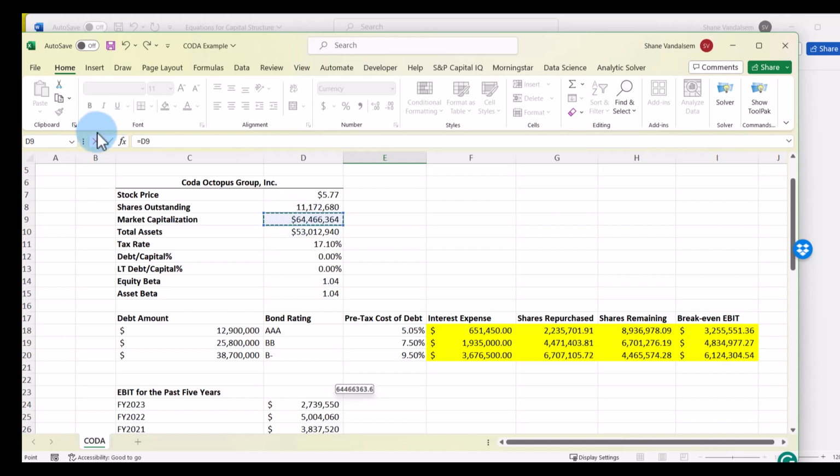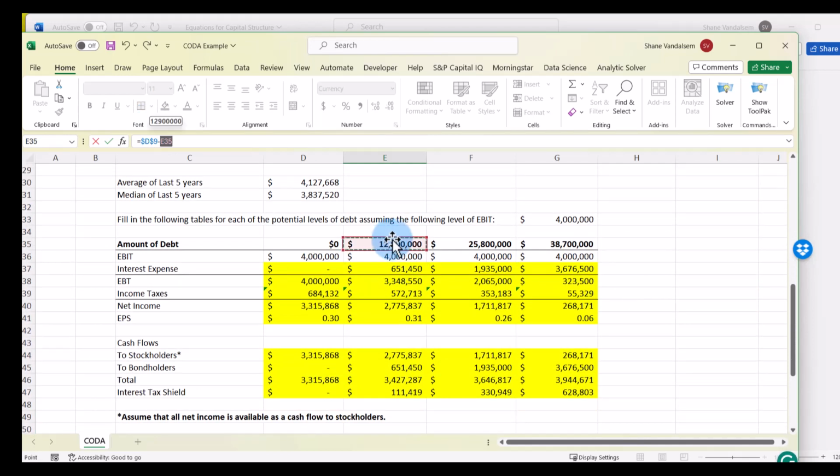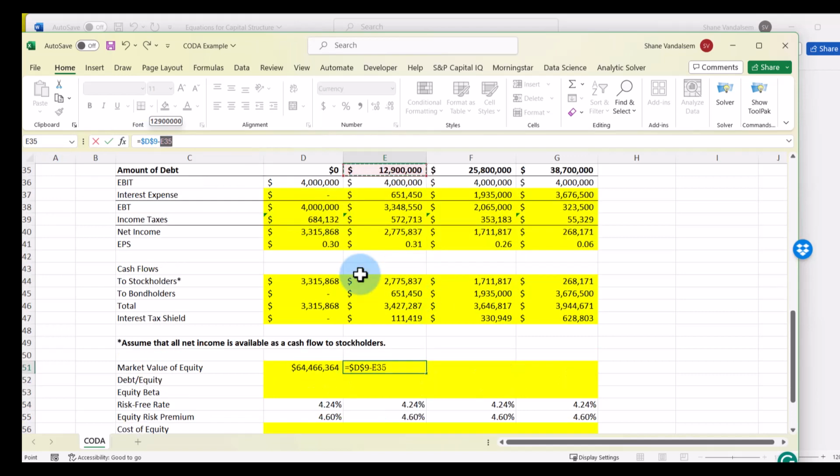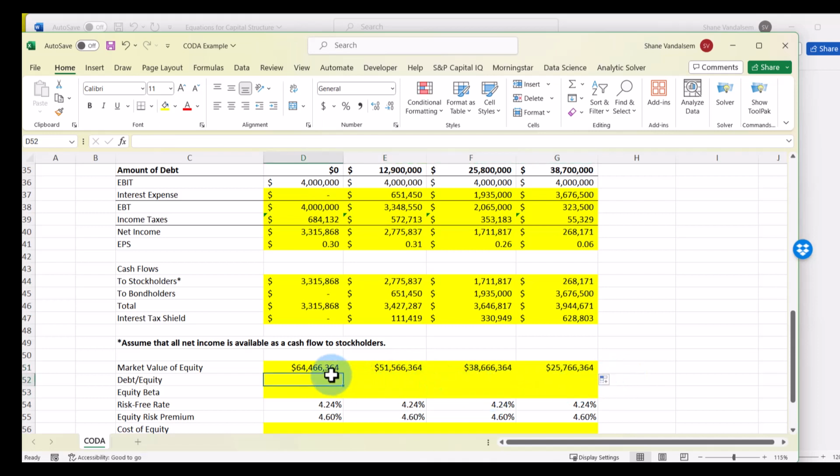So I'm going to take, again, the value in cell D9, and from that, I'm going to subtract the amount of debt we're taking out, the 12.9 million here. And now, because I locked in that D9, I can drag this across to get the market value of equity remaining with every level of debt.